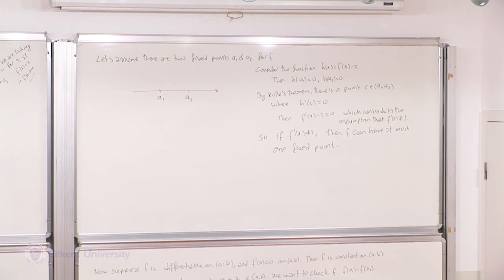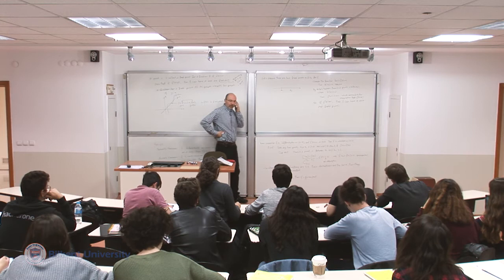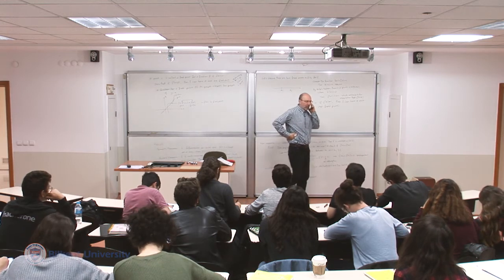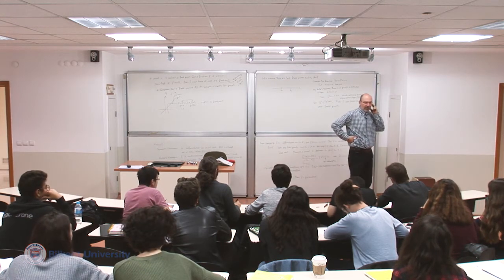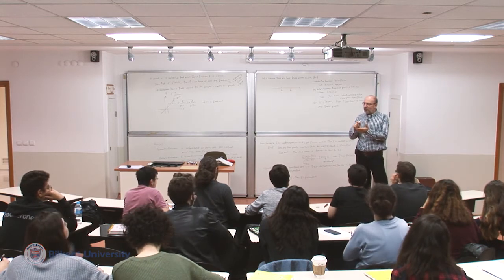And for example, how do you find this? This year we are not doing that, but maybe after we do a little bit more derivatives. On your calculators, for example, how do you find the fixed point of cosine x? Write any number you like, then start pushing the cosine button.